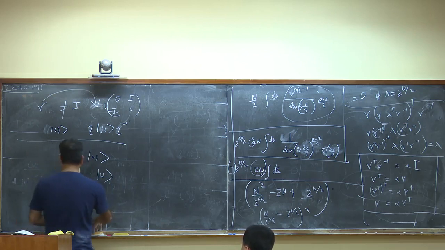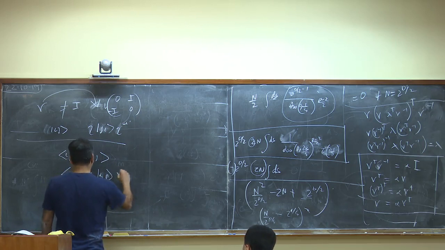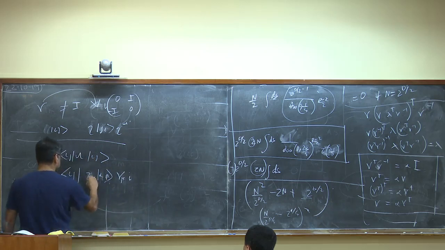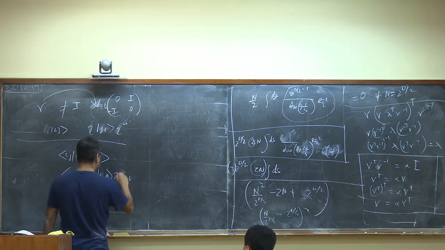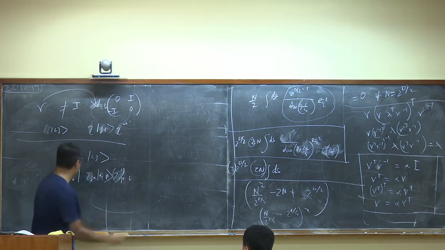So gamma j alpha, alpha beta, gamma beta i with an inverse. Gamma is eta j alpha, eta inverse j beta.